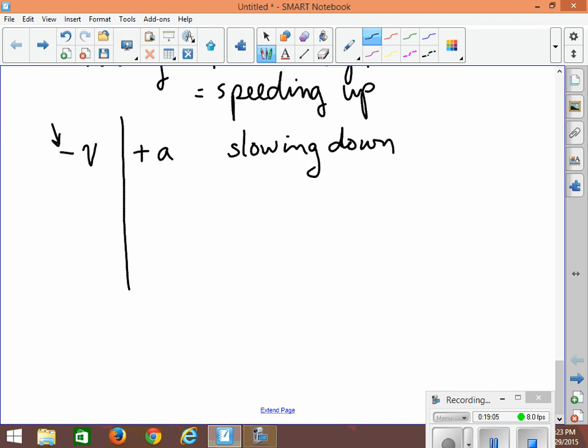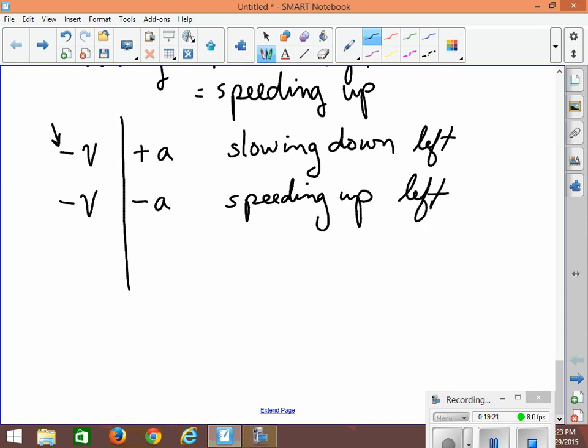You'd be slowing down left. If you had a negative velocity and a negative acceleration, those are the same, so that would mean speeding up left. And again, what tells me it's left is the sign on the velocity, not the sign on the acceleration.